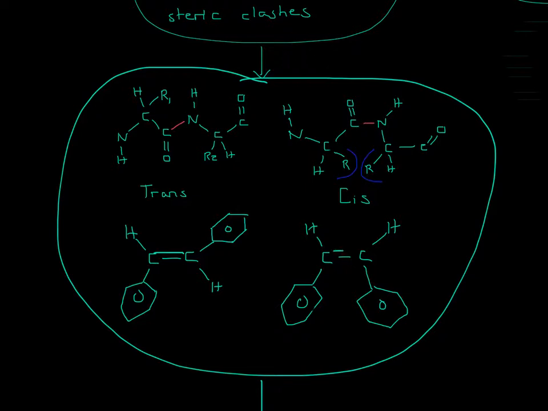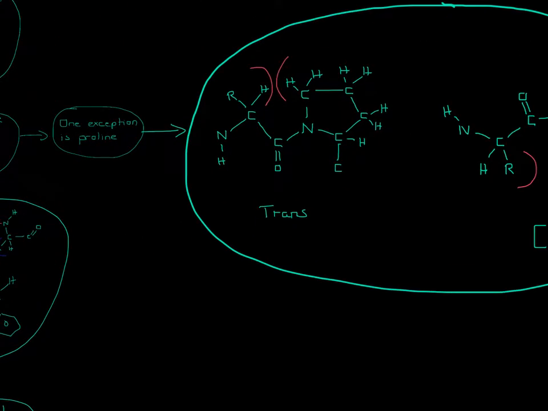You have a double bond here and here. When you have a double bond like this, these two things want to be as far away as possible. And over here, this is just not favorable because these two bulky side groups are too close to each other and they're interfering, and nature doesn't like that. So that's why the trans form is favored in general for peptide bonds.